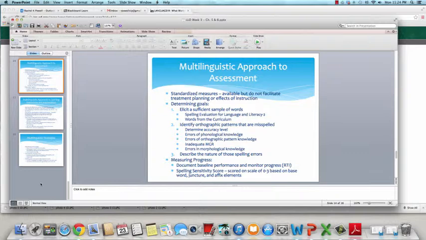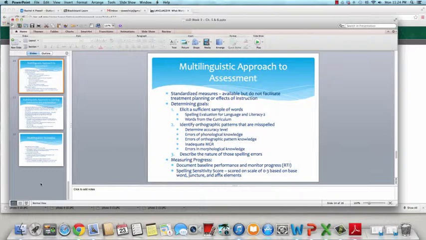They give the example of the spelling sensitivity score, and this system has been shown to identify differences in students across grade levels. You calculate it by first parsing all words into base words, juncture, and affix elements. Each is scored on a scale of 0 to 3.